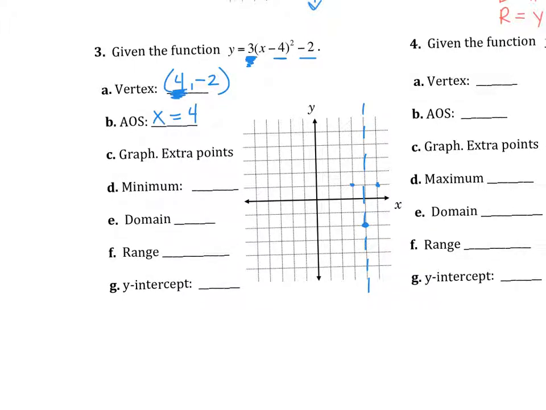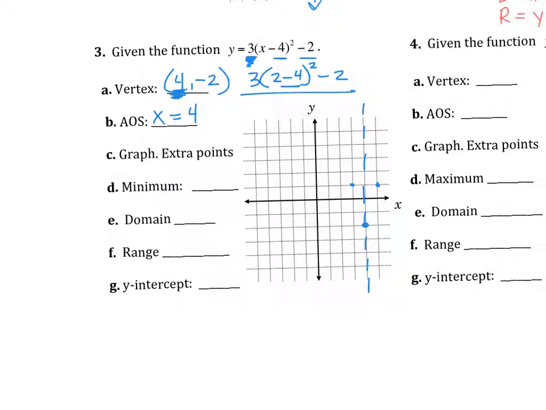If I want one more point, then what would be a good number to plug in? I would plug in 2, right? If you plug in 2, you'd get 3 times 2 minus 4 squared minus 2. Here's where your calculator is so nice. Your calculator has parentheses. If you plug it in exactly like that, your calculator will do the work for you, but you need to put the parentheses in.